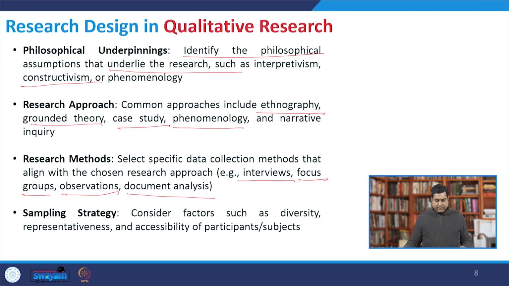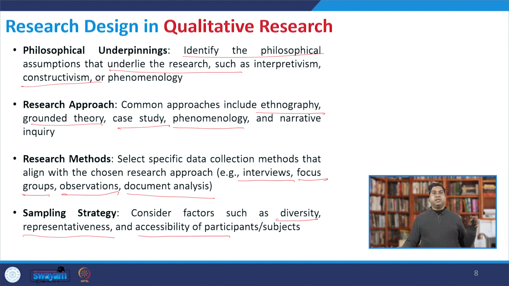Sampling strategy: in this case you can consider factors such as diversity, representativeness and accessibility of the participants, which may lead to purposive sampling or convenience sampling. But again we need to understand that representativeness is something very important.